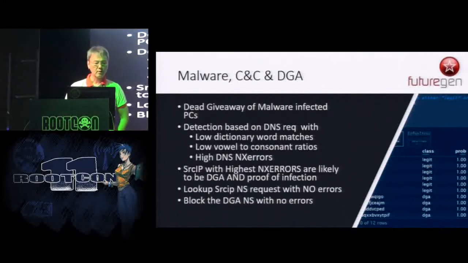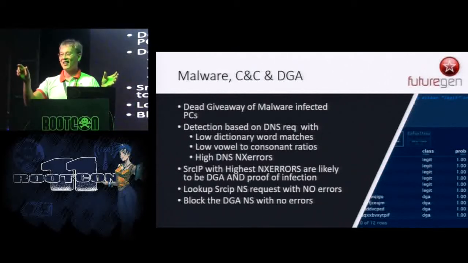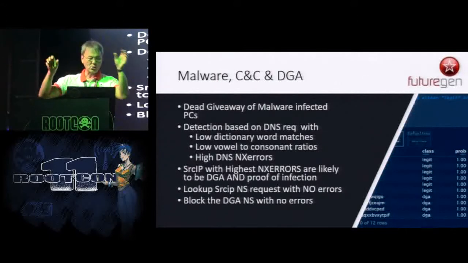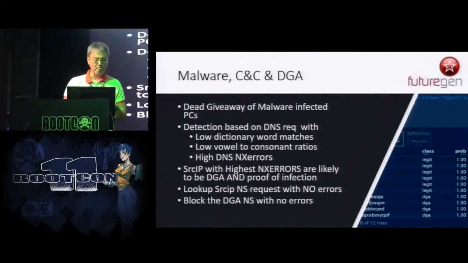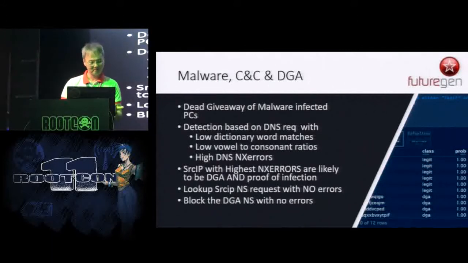The way we will do that is to find the source IPs with the highest NX errors. Once we know the source IPs, we look up the source IP's DNS requests with no errors, right? The ones without errors are the valid command and control servers. And then, of course, we block them.